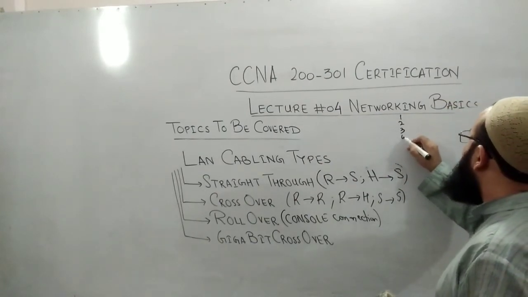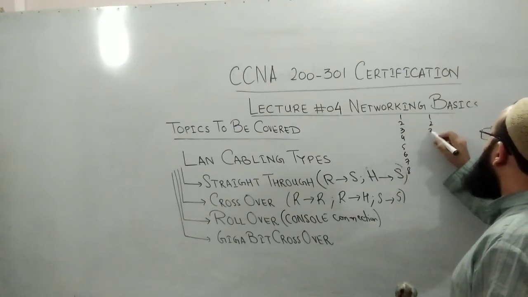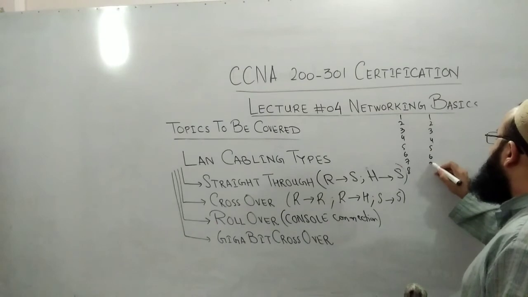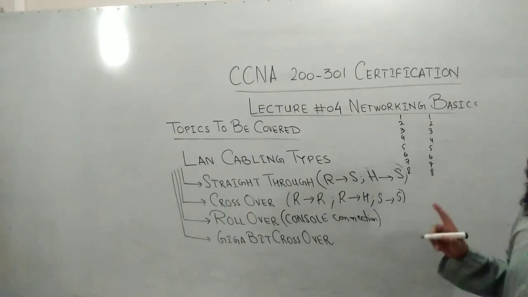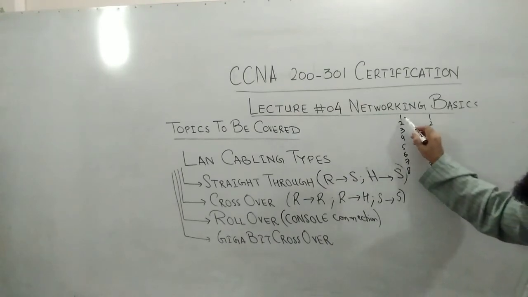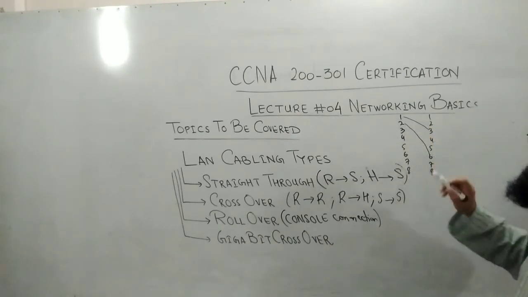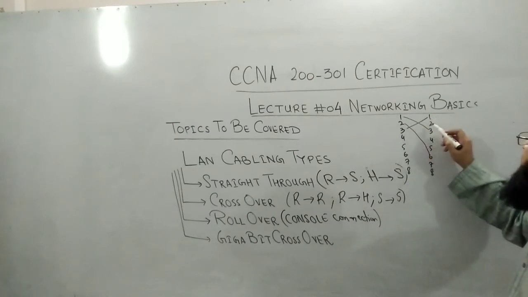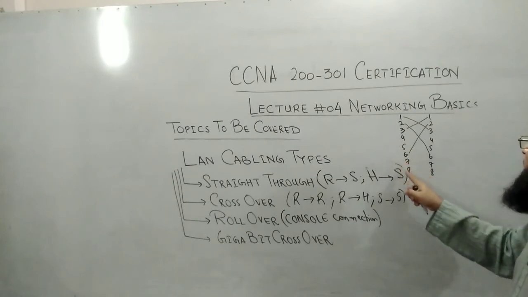Pins 1, 2, 3, 4, 5, 6, 7 and 8, and similarly 1, 2, 3, 4, 5, 6, 7 and 8 on the other side. In the case of the crossover cable, I told you that pin number 1 is connected to pin number 3, pin number 2 to pin number 6, and similarly on the other side. Now 4, 5 and 7, 8 are left.